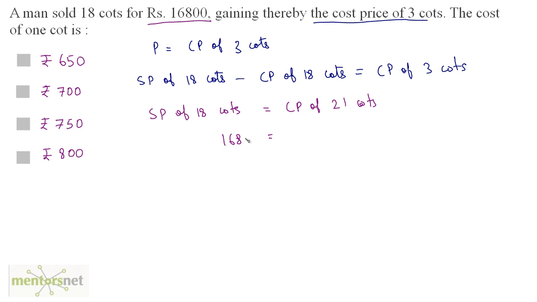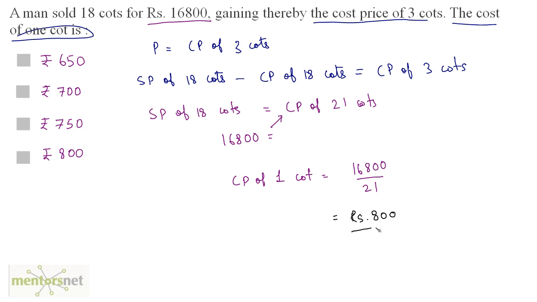So 16,800 is the cost price of 21 cots. Now what is asked? What is the cost price of 1 cot? Well, the cost price of 21 cots is 16,800. So the cost price of 1 cot will be equal to 16,800 divided by 21, and that is equal to rupees 800. 16,800 divided by 21 will give you 800. So the answer is option D.